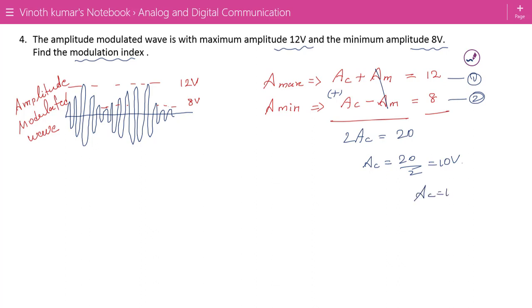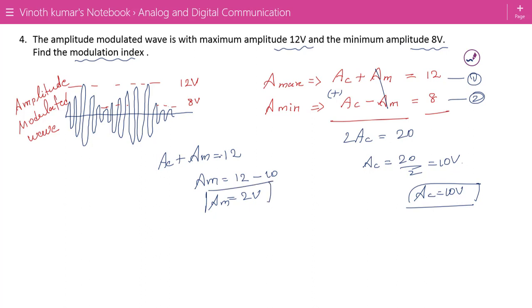So AC is 10 volts, and we know AC plus AM is 12. So AM is calculated as 12 minus 10, that is 2 volts. So the message signal amplitude is 2 volts.